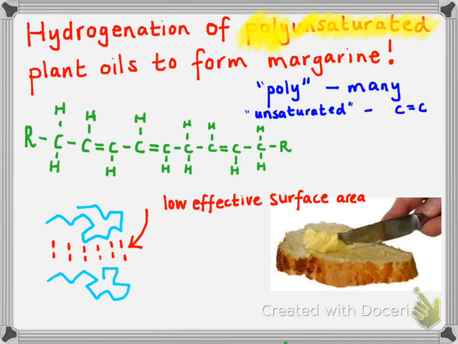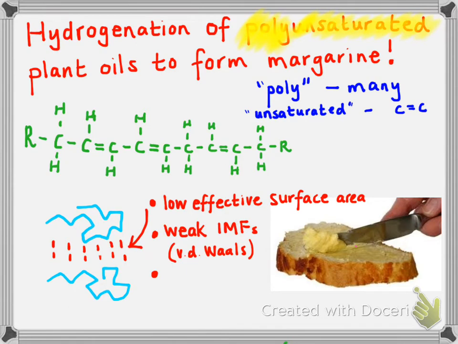And because these molecules bunch up like they do, they have a very small effective surface area. And you remember from our work on melting points and physical properties, a small effective surface area means that there are weak intermolecular forces. A reminder, in this particular case, because it's a hydrocarbon, those weak forces are weak van der Waals forces.